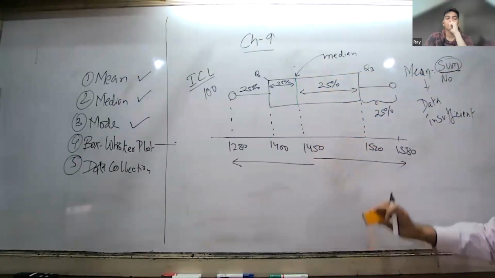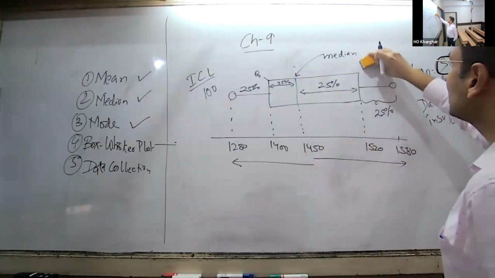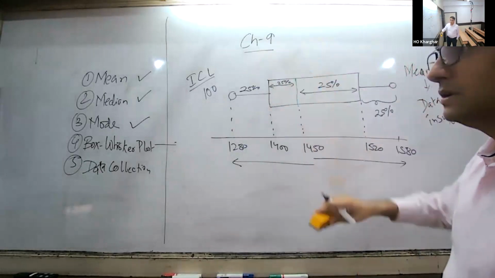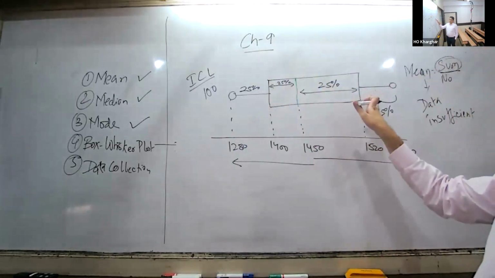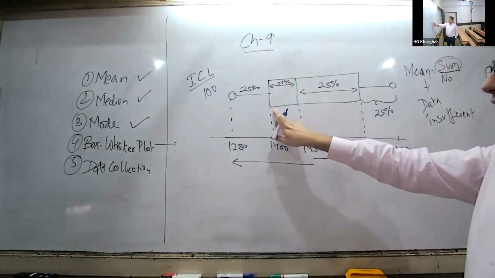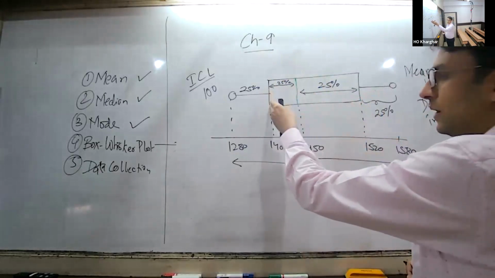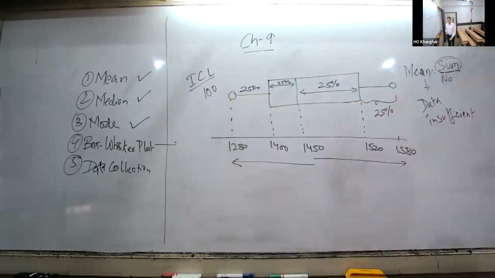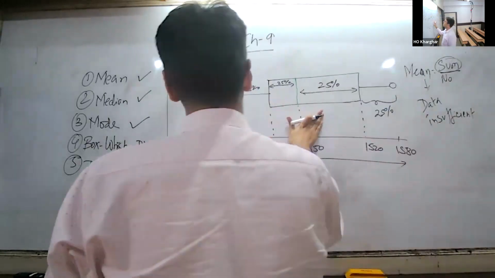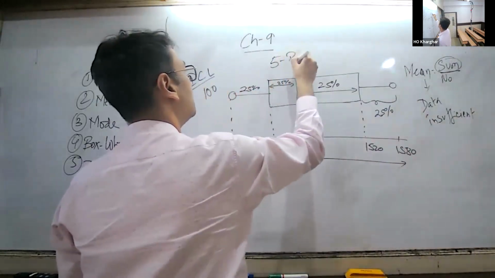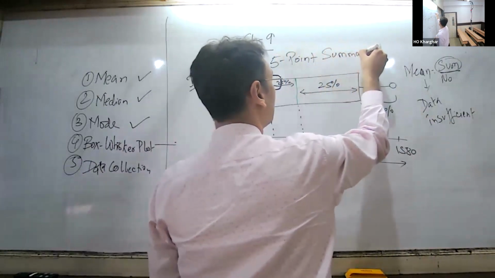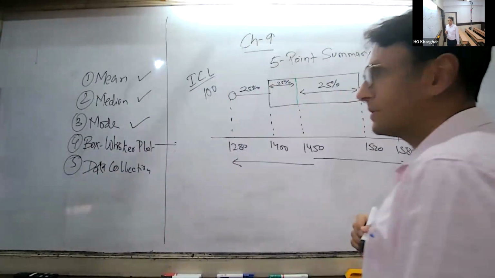It may so happen in the exam that they may not tell you that this is Q3, this is the median, and this is Q1. You must understand that the rightmost edge of the box is Q3 and the leftmost edge is Q1. This is the lowest whisker, this is the upper whisker. Such a plot is also called a 5-point summary, which is another name for the box and whisker plot.